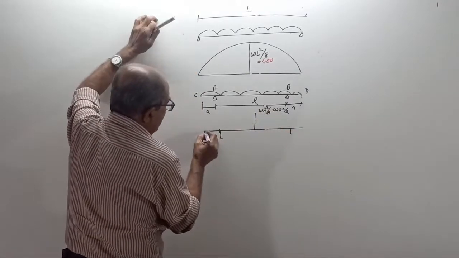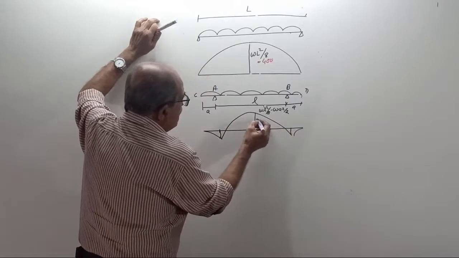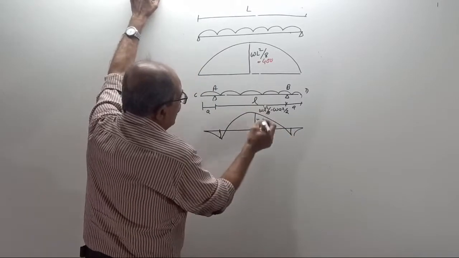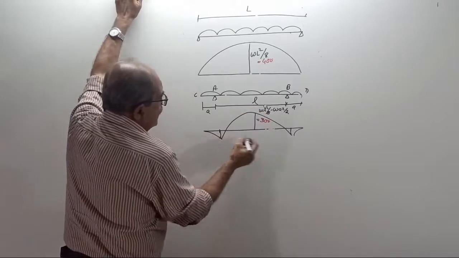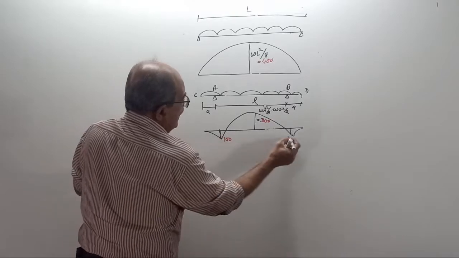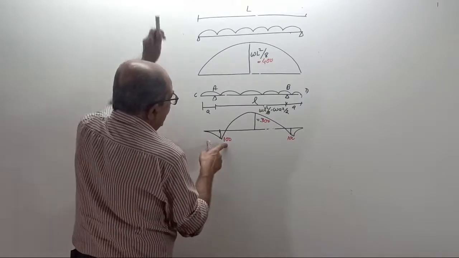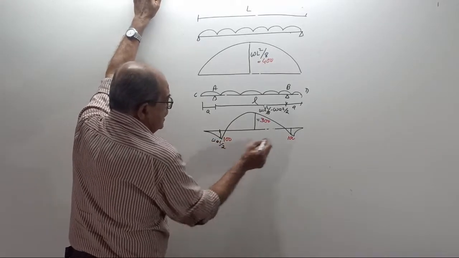See, the BMD will come this way. Okay, now imagine this value is not 400, but 300. If that is 300, then most probably this will be 100. Imagine 100. How much is the bending moment? This bending moment is permanently W A square by 2. Same.